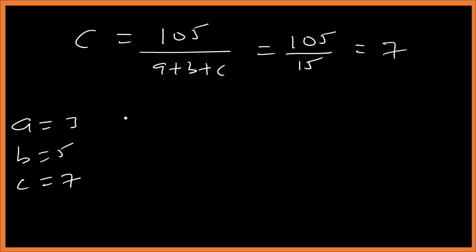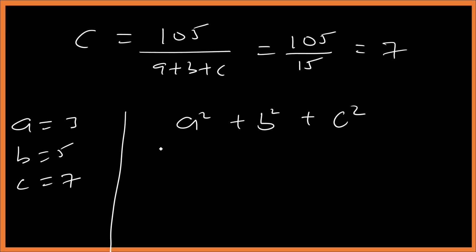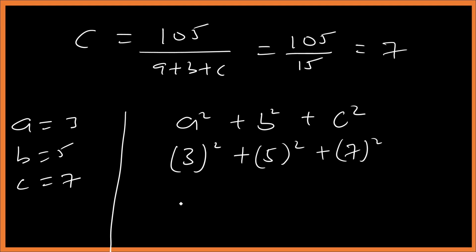So the question is demanding for a squared plus b squared plus c squared. So we have 3 squared plus 5 squared plus 7 squared. So we have 9, 25, then 49.